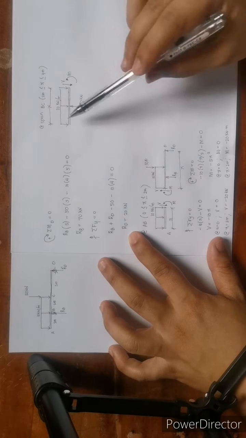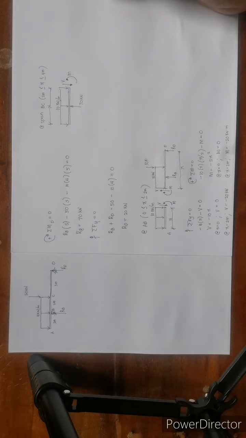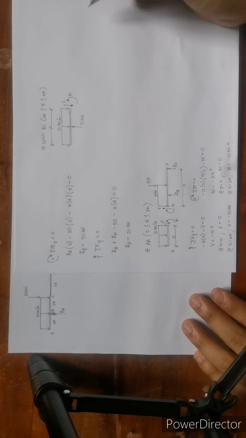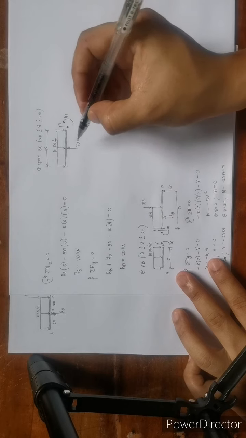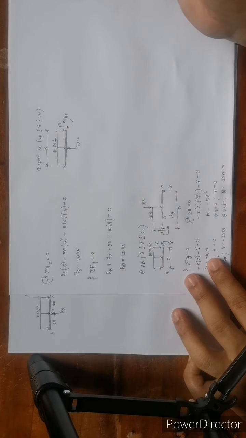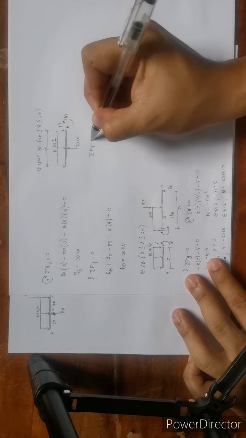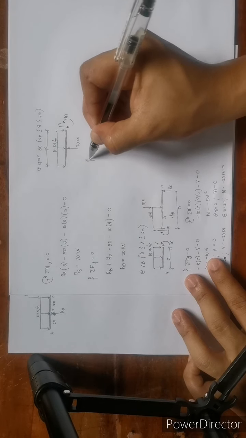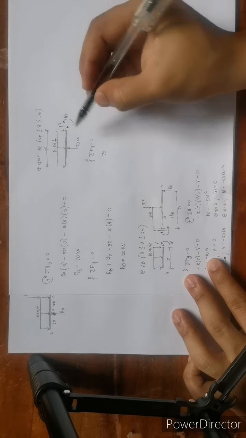So pag na-draw na natin na maayos yung ating free body diagram, pwede na po tayong kumuha ng shear and moment equations. Okay, so let's consider this one. Shear equation first. Paano kukunin yun? Let's take summation of forces along vertical axis, considering upward forces as positive. Ano yung mga upward? We have 70.